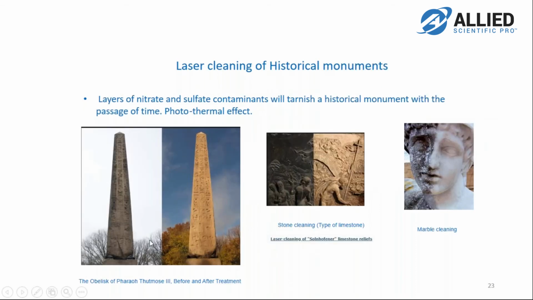Here is cleaning historical places. This is the obelisk of Sfera in Egypt that has been contaminated with nitrate and sulfate layers and has been cleaned with laser cleaners. Some of the other historical artifacts that have a lot of features have been cleaned, and this statue, half the face was cleaned.